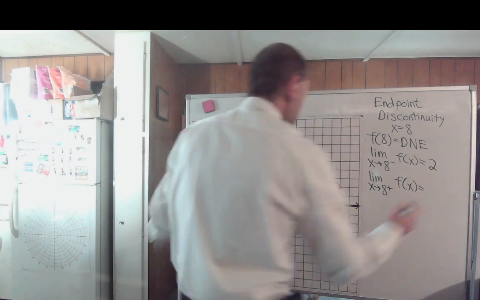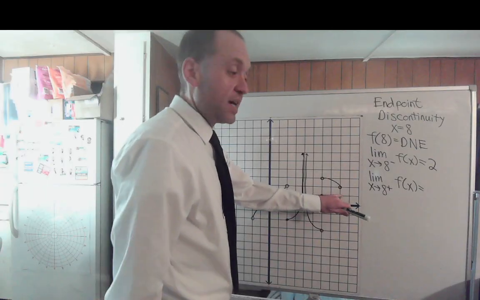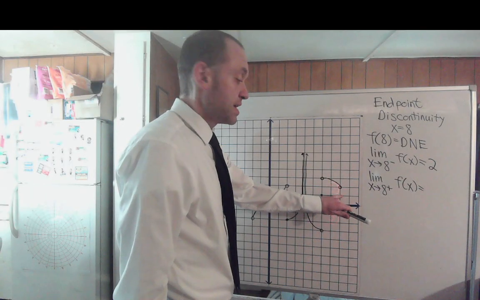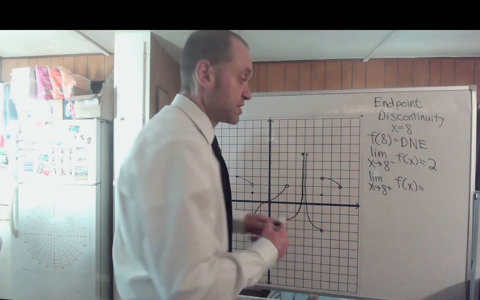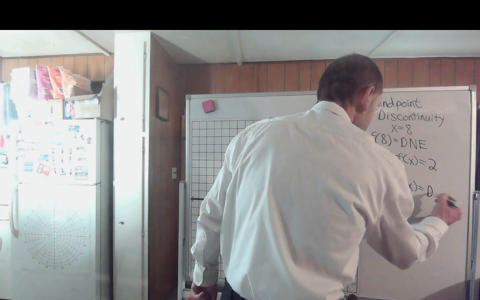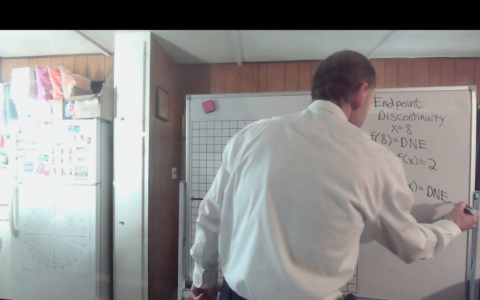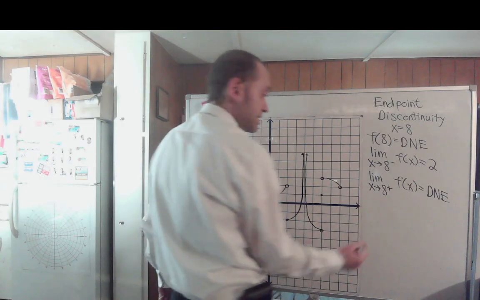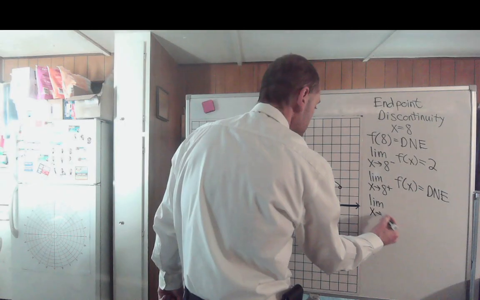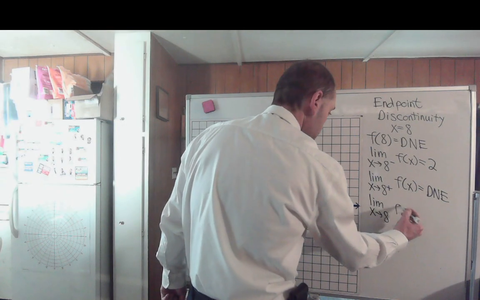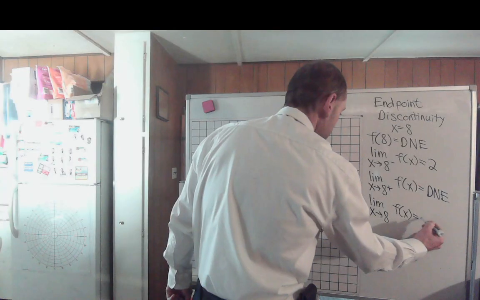Well, notice it stops being defined at x equals 8. There's definitely nothing greater than 8, so that means the right-handed limit does not exist. And based on the fact alone that the right-handed limit doesn't exist, that means the general limit as x approaches 8 of this function does not exist.